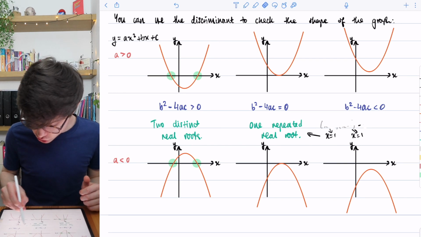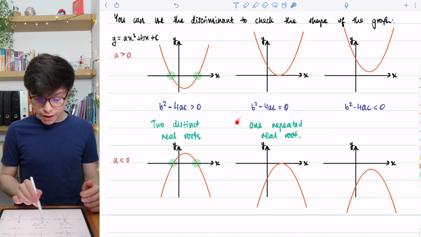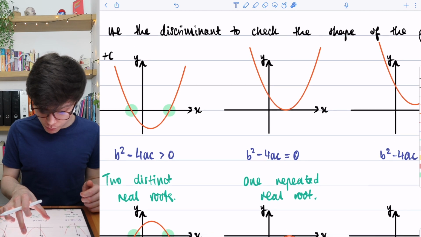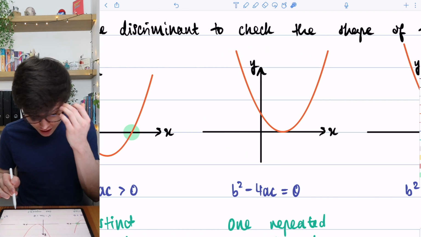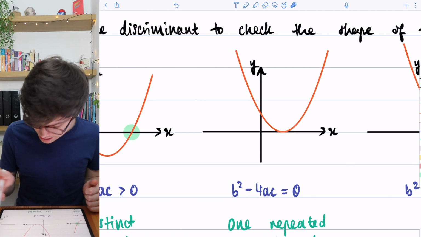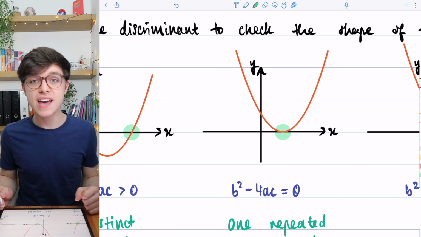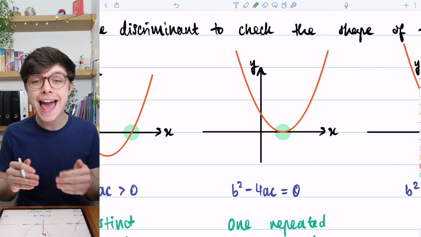Now, how does the graph actually interpret that we have one repeated real root? Well, if we zoom in and look at the turning point, this is the positive value of a graph. If we zoom in and look at that turning point, we can see, and I'll go back to a highlighter actually, there is our root. That's the only point that intersects the x-axis.